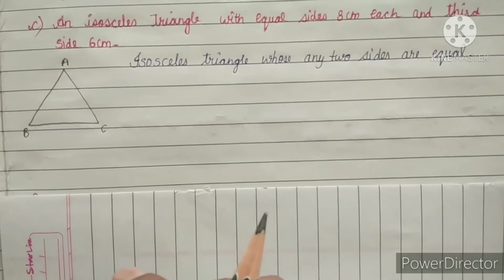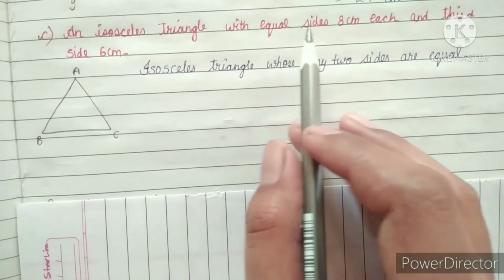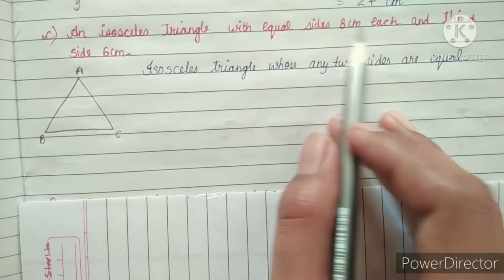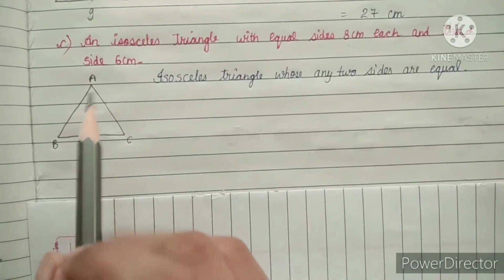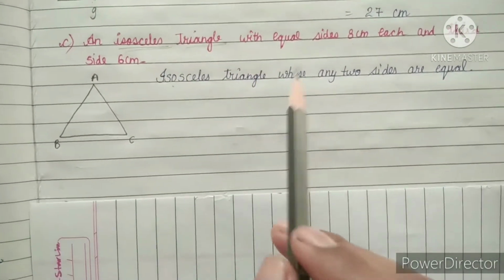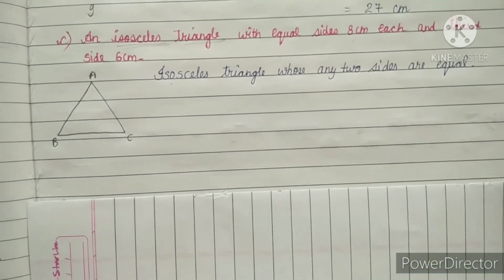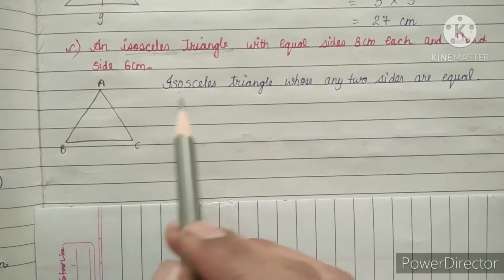Now C of 6th is an isosceles triangle with equal sides 8 centimeter each and third side is 6 centimeter. In C we have an isosceles triangle, whose any two sides are equal. Here I have drawn a triangle.